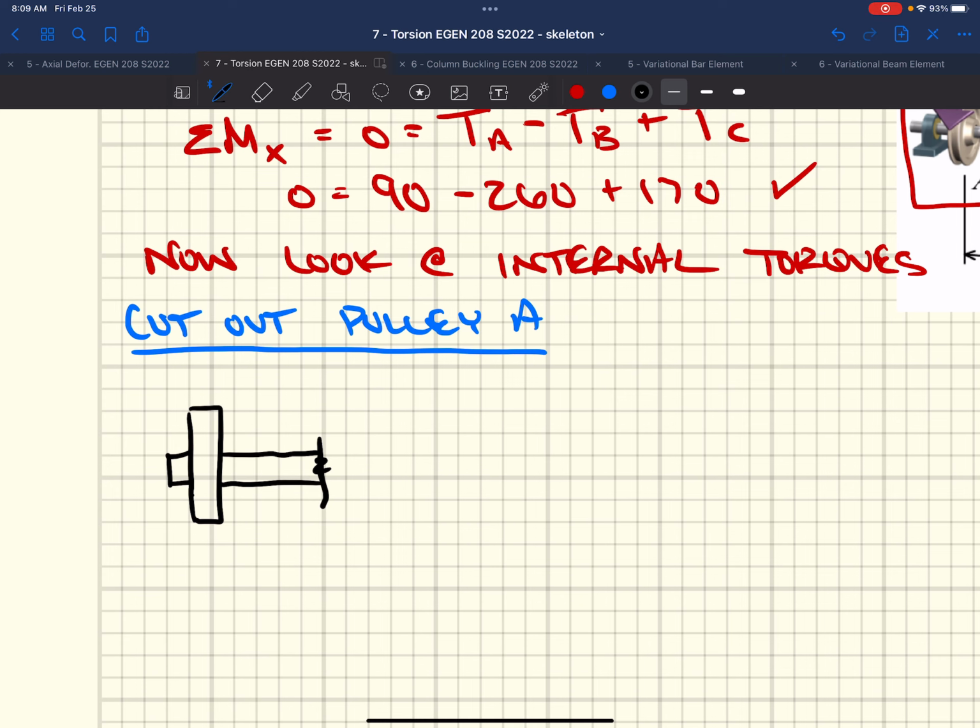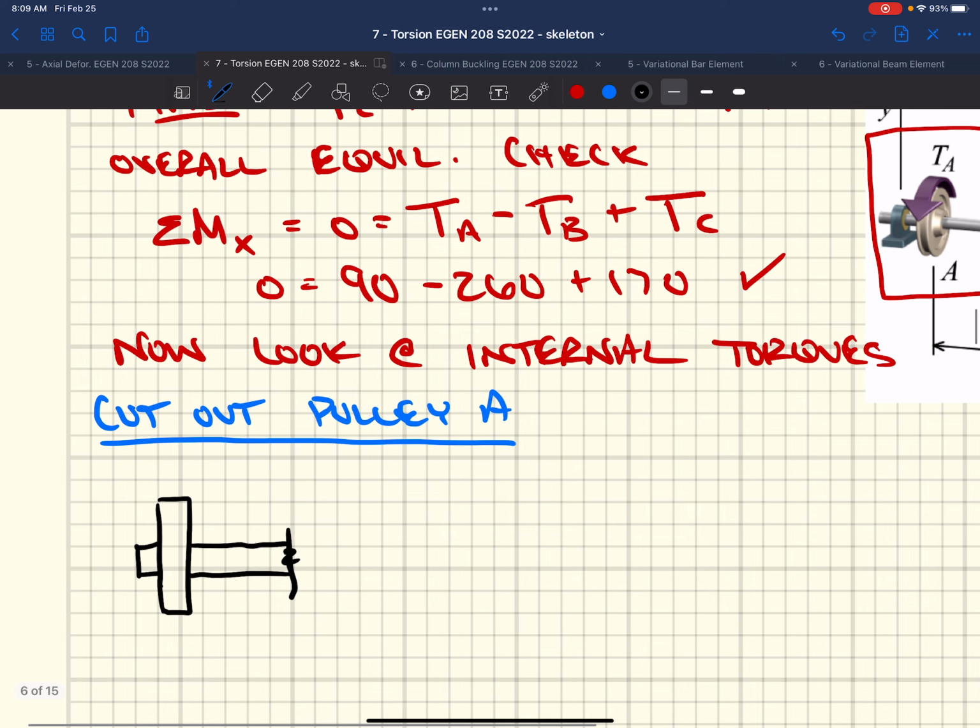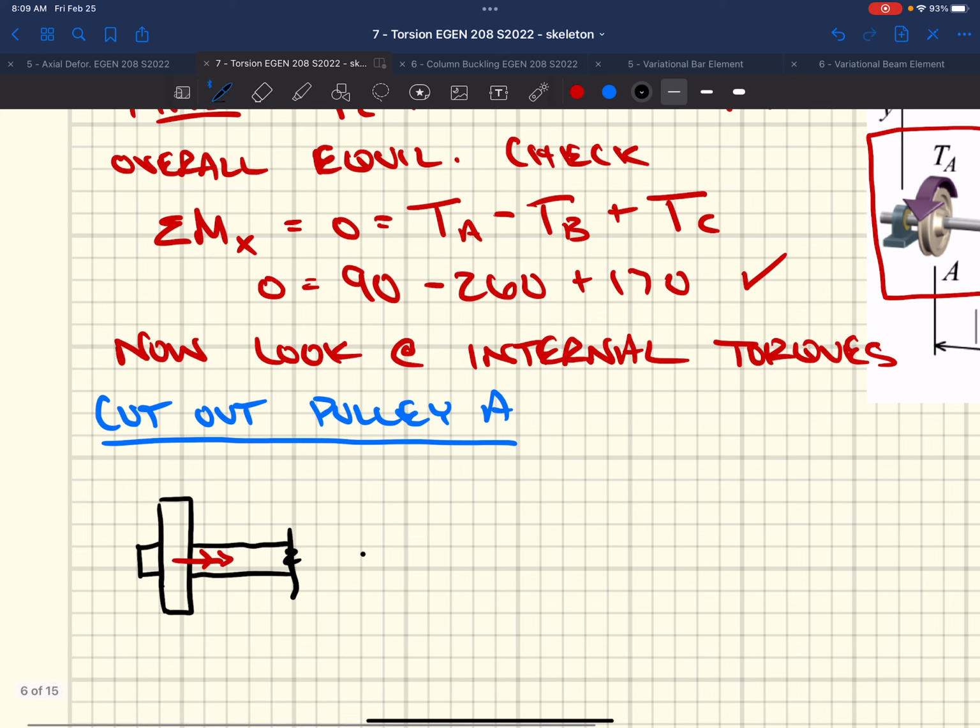We have some known forces: we have the torque at A that's applied. Knowing the right-hand rule, we know that our torque is a double-headed arrow, and we know it's going to go in this direction. I almost forgot: assume a coordinate direction in our free body diagram. I always want to do that.